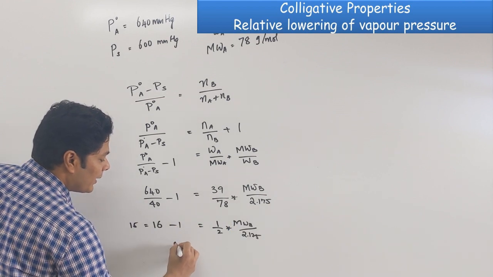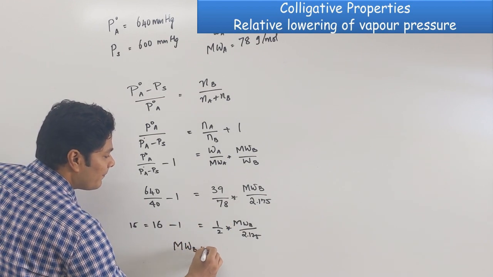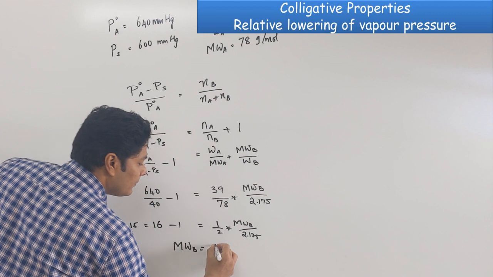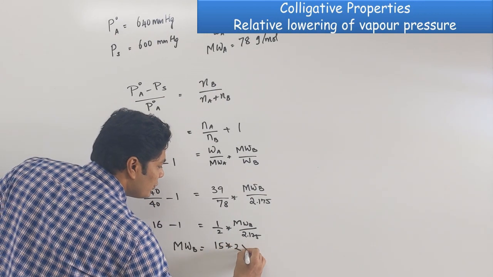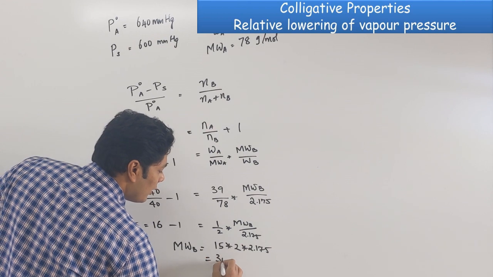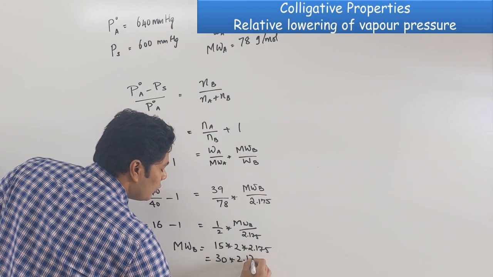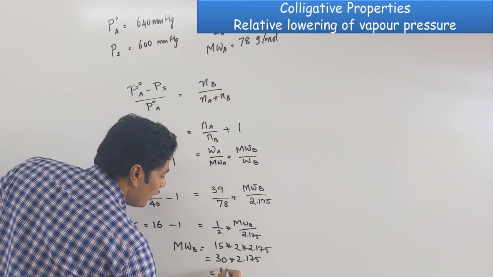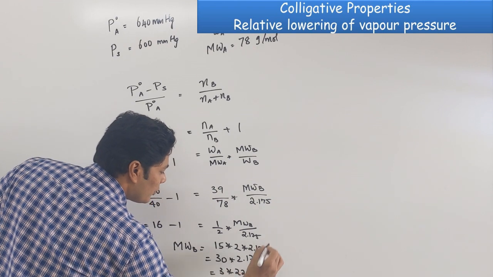So I am going to write my molecular mass of B equals 15 times 2 times 2.175. So that's 30 times 2.175 or 3 times 22.